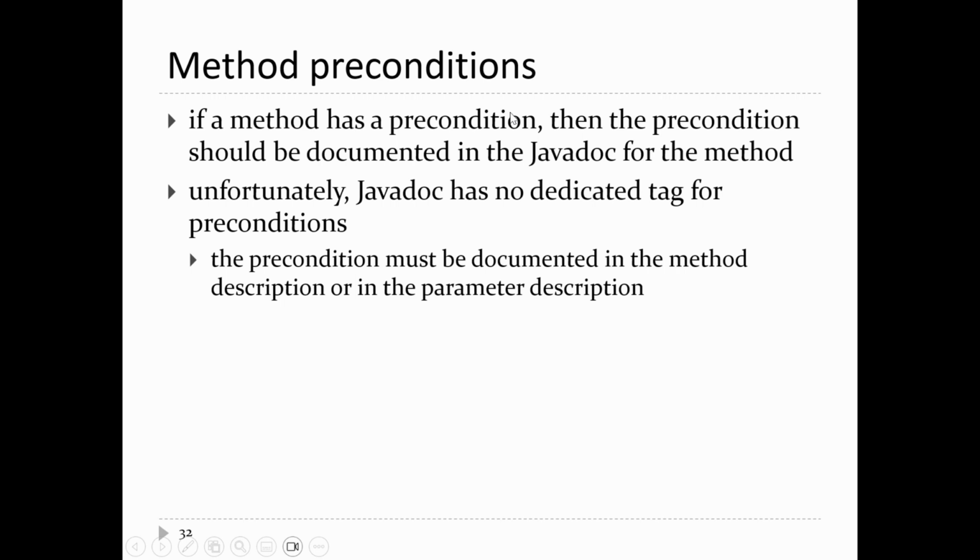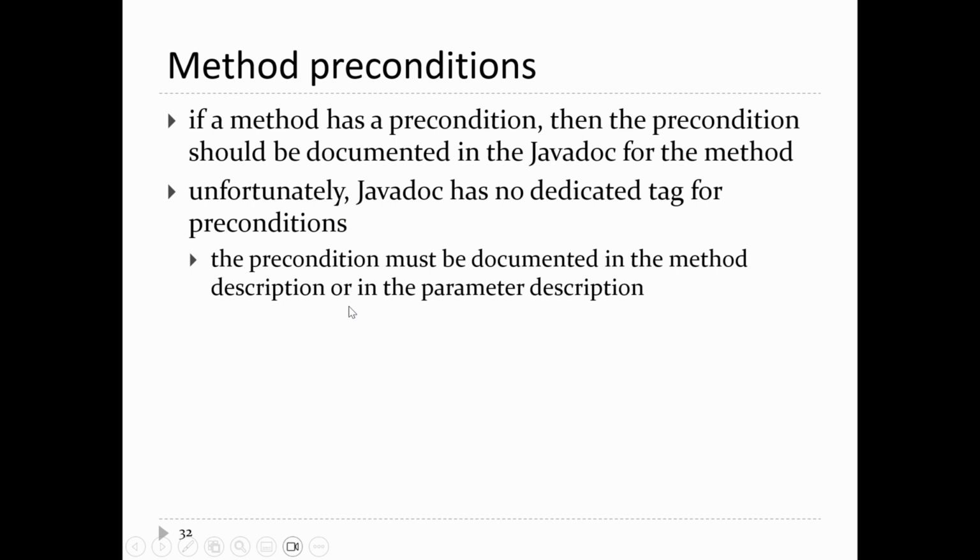If your method has a precondition, then you should document the fact that the precondition exists. Ideally, you would put it in the javadoc comment for the method. Javadoc doesn't actually have a dedicated tag for this. It's got tags for documenting the parameters and things like that, but it doesn't have a tag for documenting preconditions.